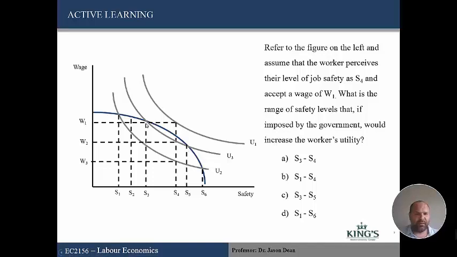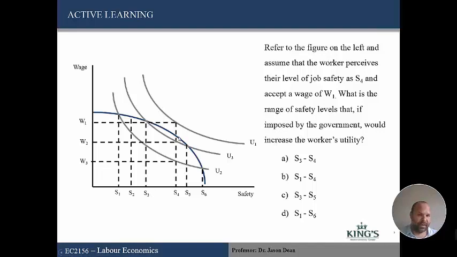So we're looking for this sort of oval type shape, or this envelope, I guess you could call it. We're looking for this thing here. We know this is the safety level, so any safety level above this would give them higher utility, as long as they're getting the wage on the isoprofit curve. So this is what wages the firm would offer for different levels of safety.